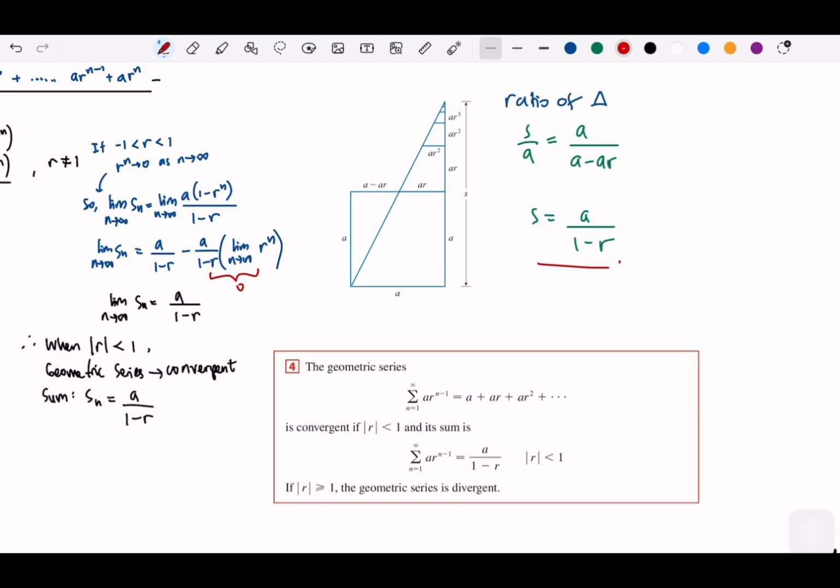I think historically it came from this geometric problem, and then they made a series.